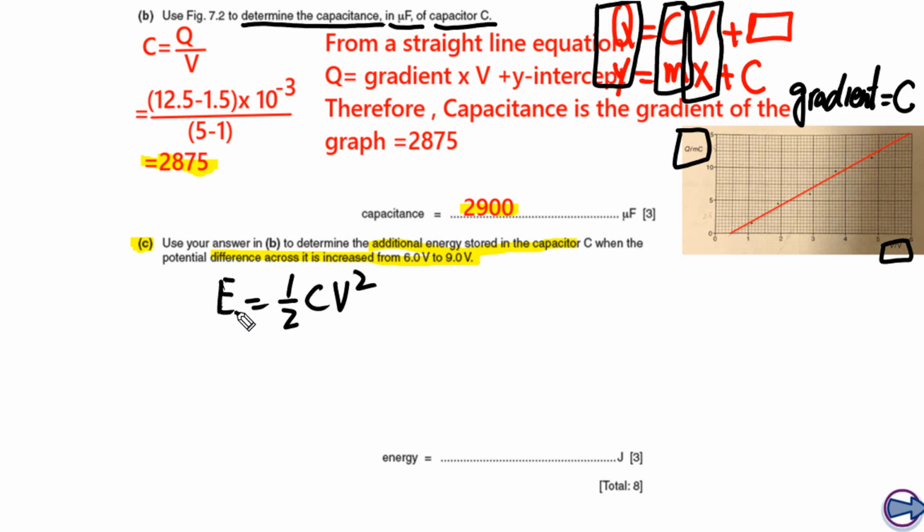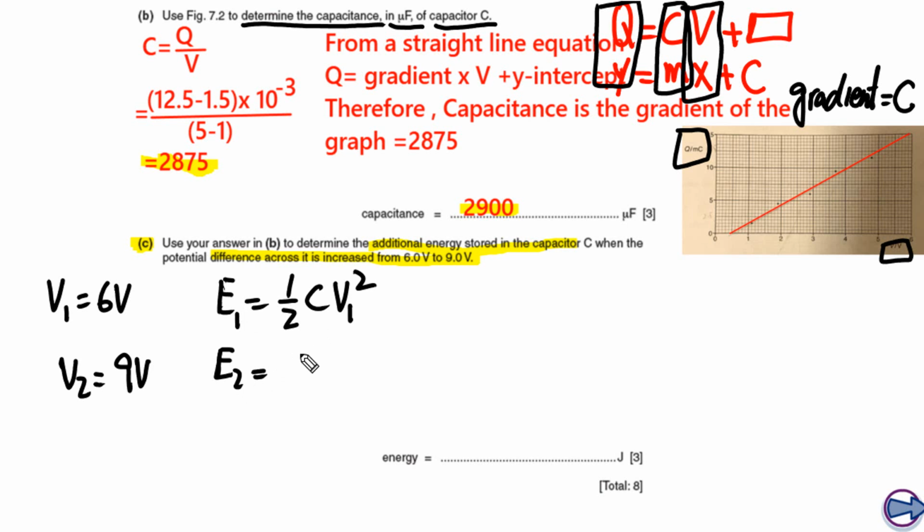Let's say this is energy E1, and here E2. When the potential difference across the capacitor is 6 volts, how much energy is stored? And when the potential difference is equal to 9 volts, how much energy is stored? So we can find E1 and E2.